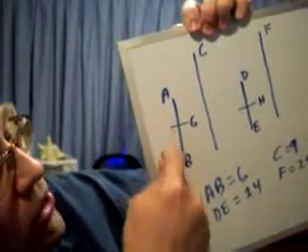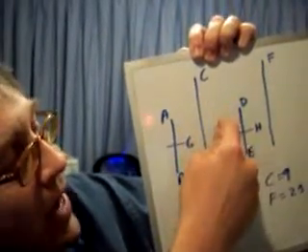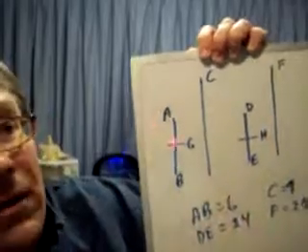AG is 3, GB is 3, DH is 7, HE is 7. That's what we're doing here. Okay. Thus, the multitude of AG and GB will be equal to the multitude of DH and HE, which we've established.